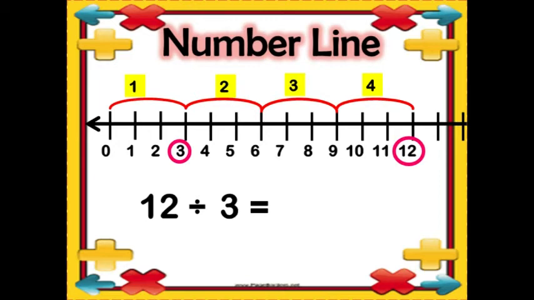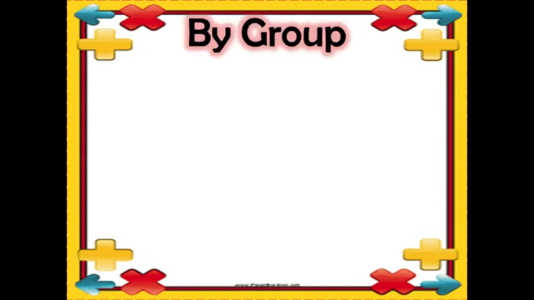So the answer in this is 4. So the division sentence in this number line is 12 divided by 3 is equal to 4. So that is how number line works in division. So next we can show division by group.